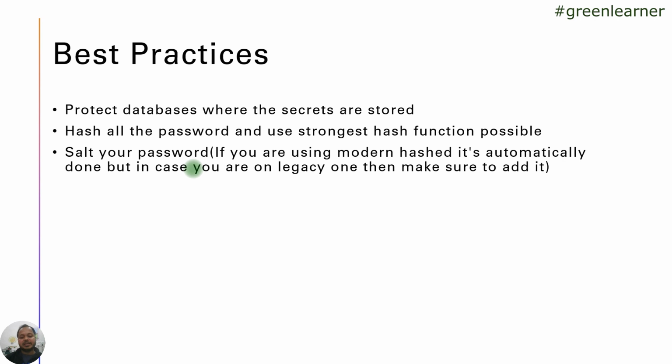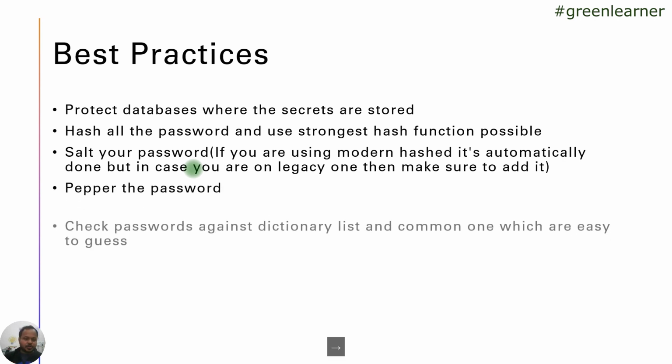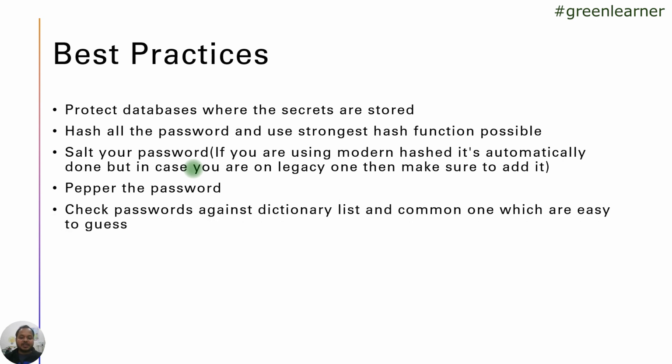But if you are using a legacy algorithm, make sure that you are using salt, and additionally try to use peppering also, which adds an additional layer of security. Pepper the password itself, as we just talked about, and check the password against the dictionary list that we talked about initially in the requirement: common passwords like DOB, username, starting emails, month, year.